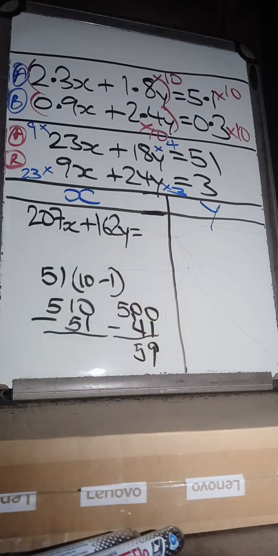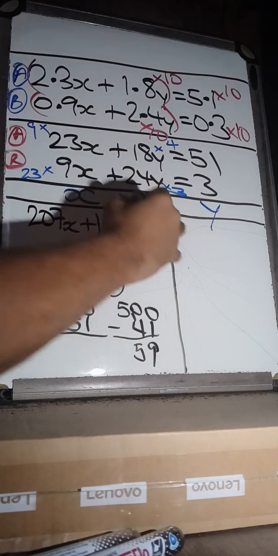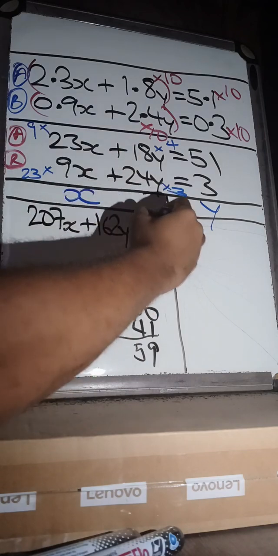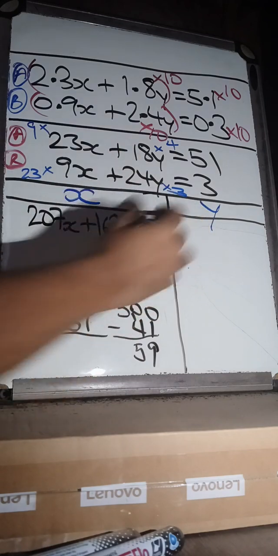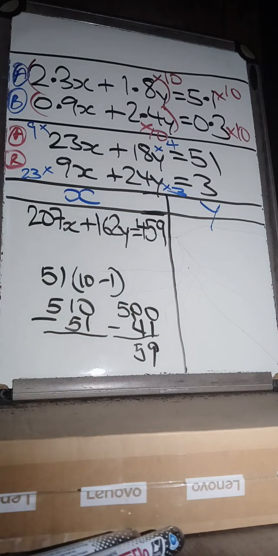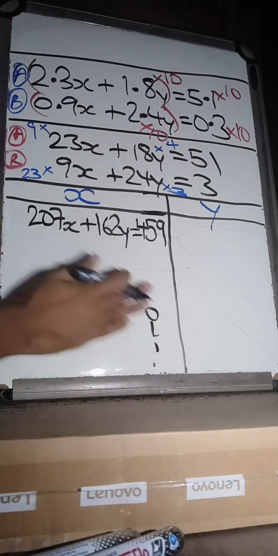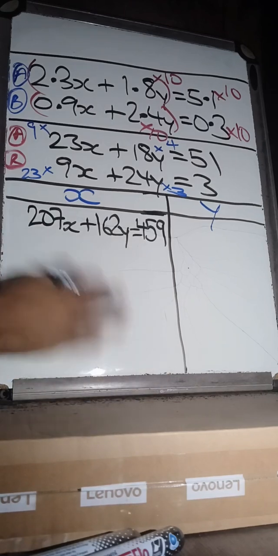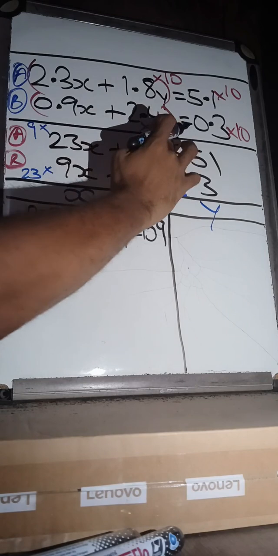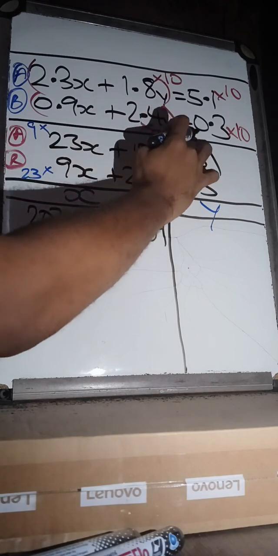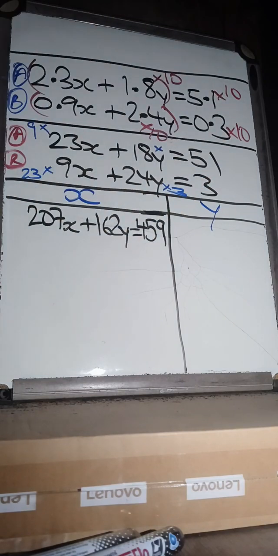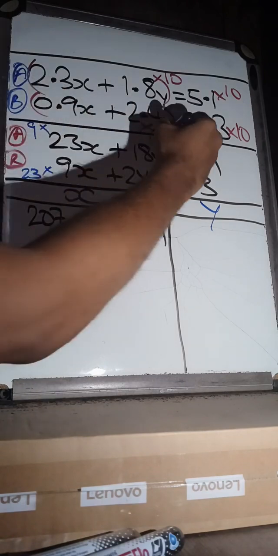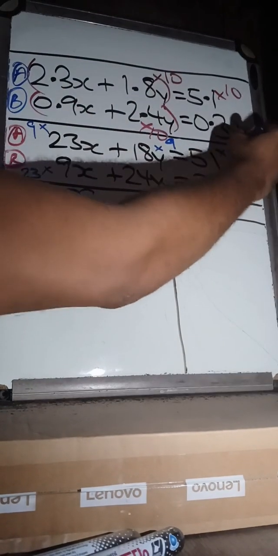Okay, so 459. Alright, so we're done with that now. We multiplied all of these by 9. So multiply this by 9, this by 9, this by 9.